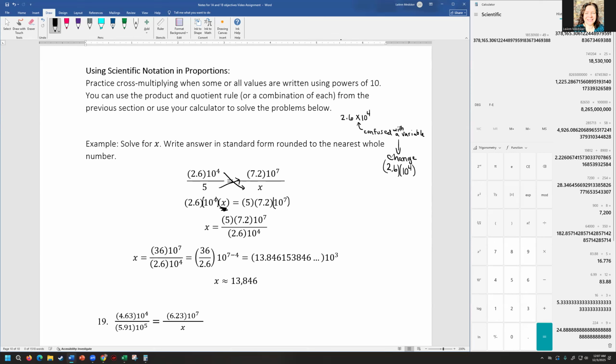So we are going to divide the right side by the two things that we see in front of x. Both of them have to move over. So notice I have my 5 times 7.2 times 10 to the seventh divided by not only the 2.6, but also the 10 to the fourth. Now I'm just going to put everything in parentheses here, but I want to talk about if you were to type this in on your calculator from this moment right here.